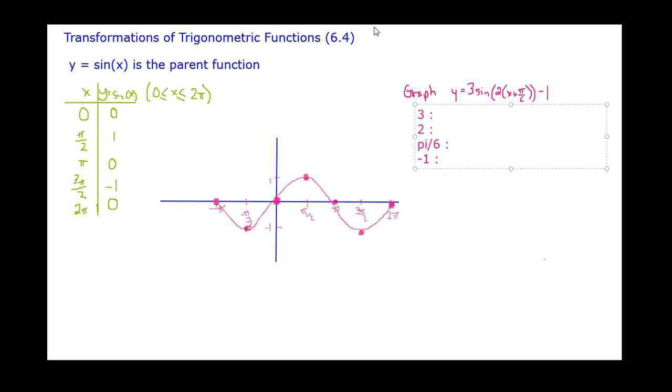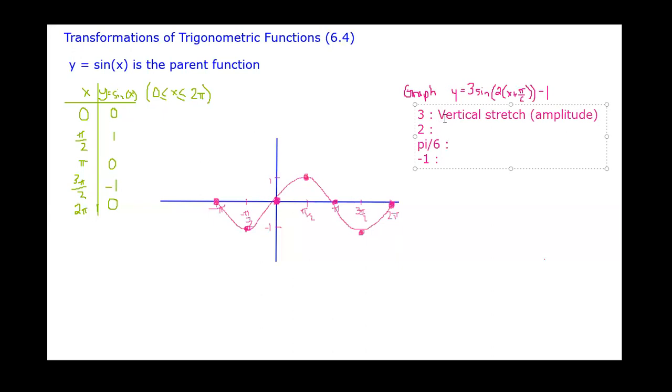The 3 changes the amplitude. Okay, yep. So you're absolutely correct. The 3 is a vertical stretch, which acts on the amplitude. What about the 2? What does the 2 do?